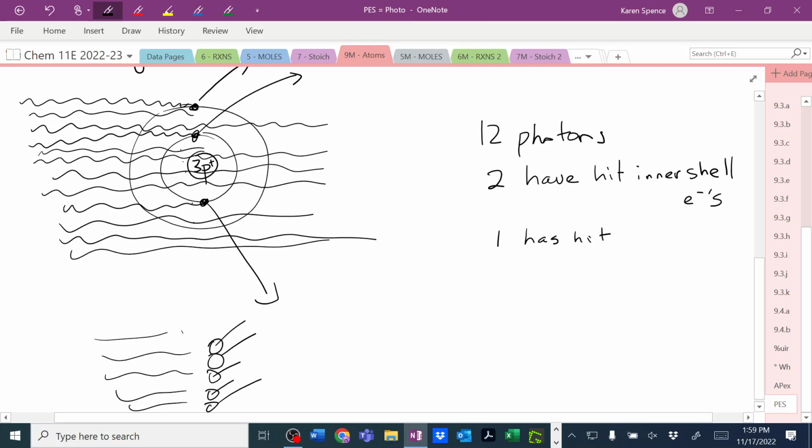If you look at it zoomed in, the proportion of inner electrons being hit is going to be twice as high as the outer electrons, because there's two times as many of them. So they sort of just take up more space, as it were, okay?